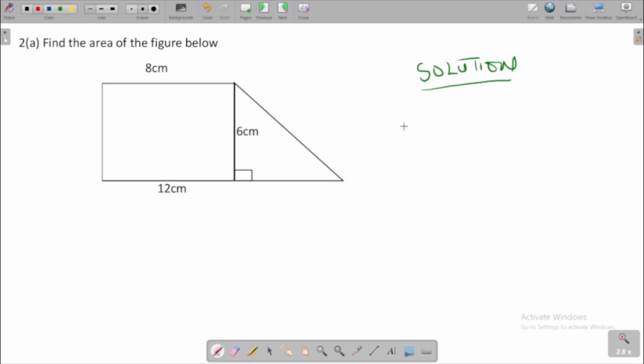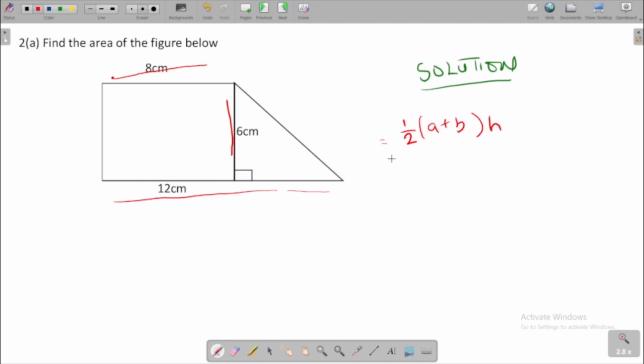The formula for a trapezium is one over two (a plus b) h. This will stand for our a, this will stand for our b, and this will stand for our h.